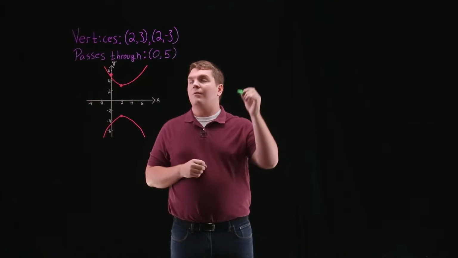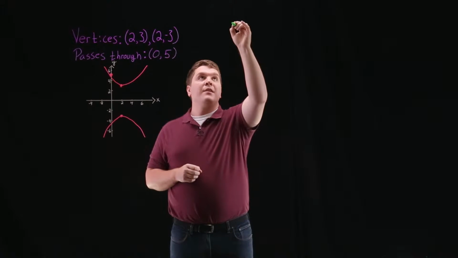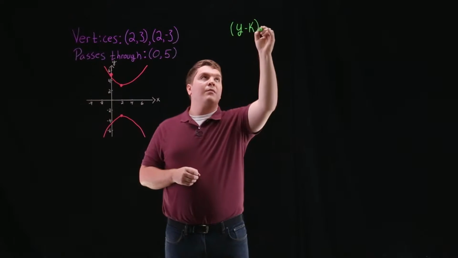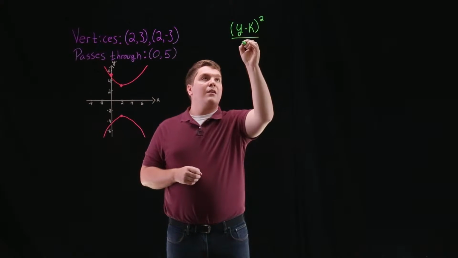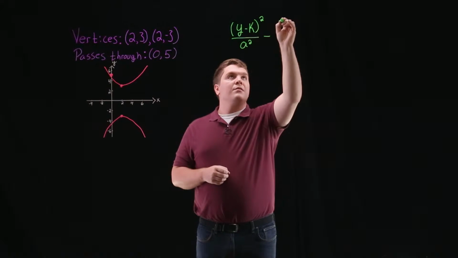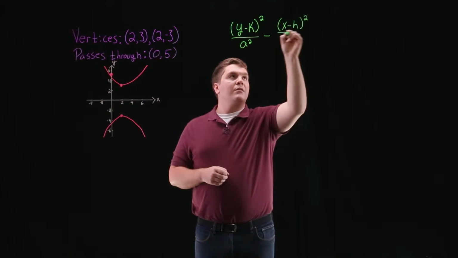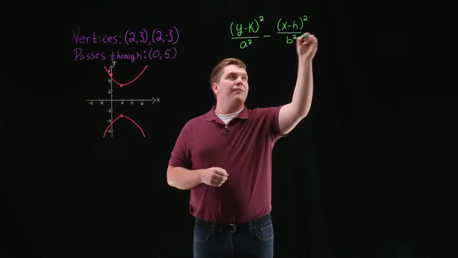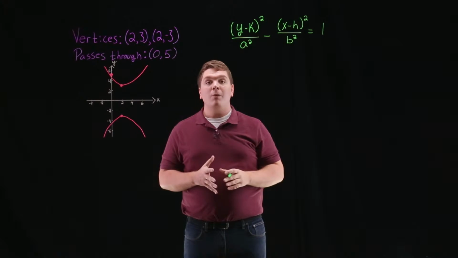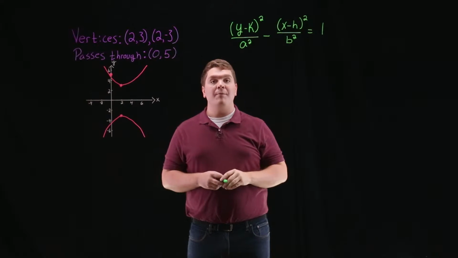So recall that the standard equation of a hyperbola which opens vertically is given by (y minus k) quantity squared, divided by a squared, minus (x minus h) quantity squared, divided by b squared, is equal to 1. So our goal here is to find k, h, a, and b.